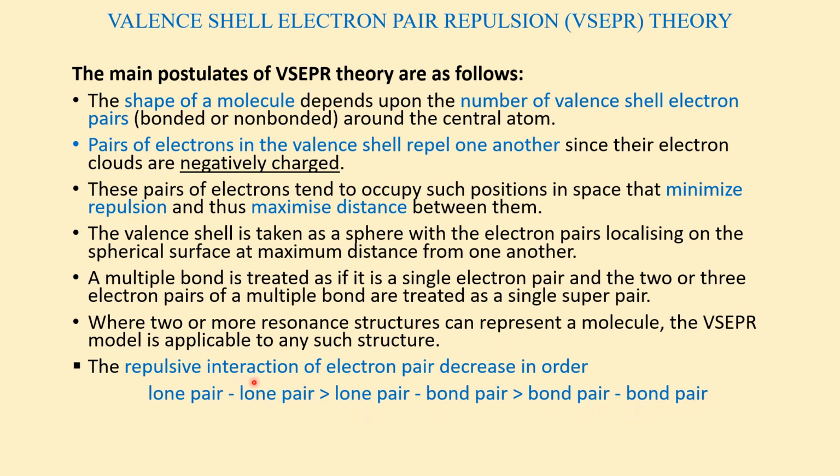Please note there will be objective type questions on this statement, that is, the repulsive interaction of electron pairs decreases in the order lone pair-lone pair greater than lone pair-bond pair, which is greater than bond pair-bond pair.